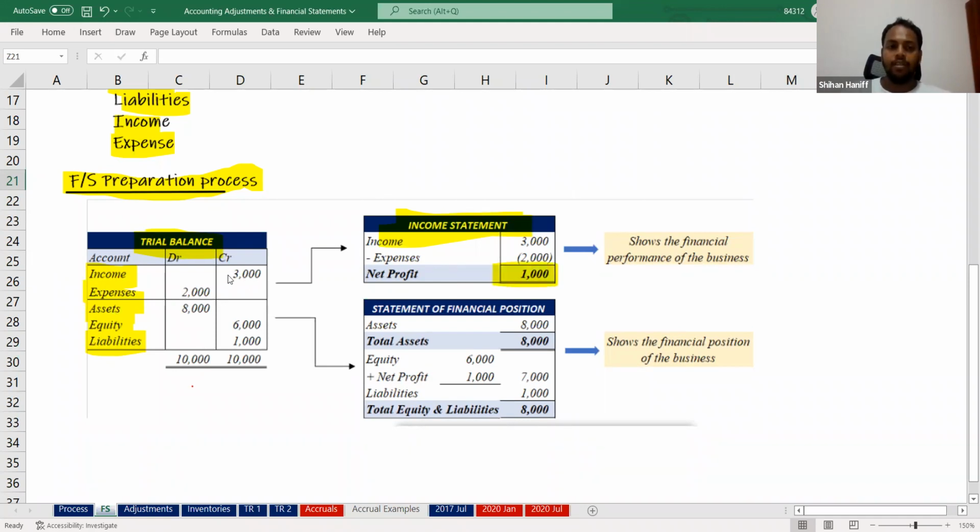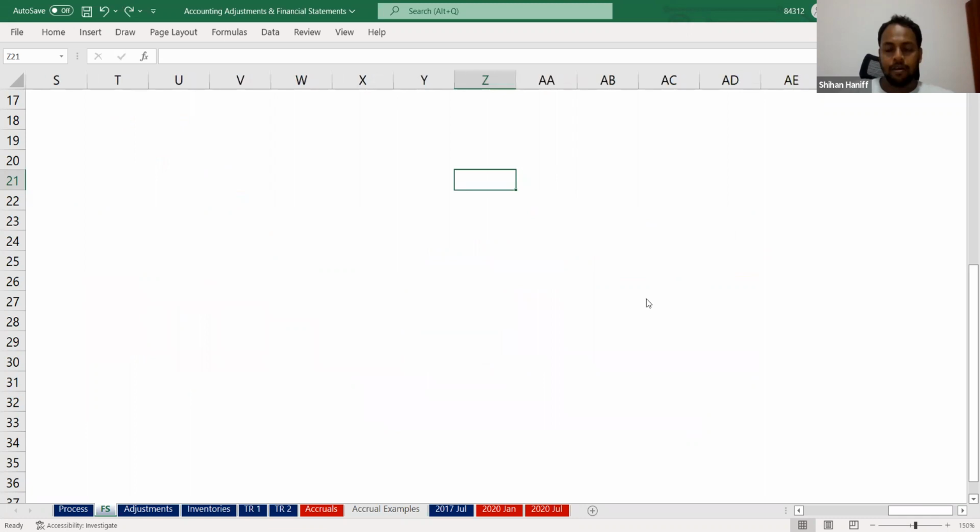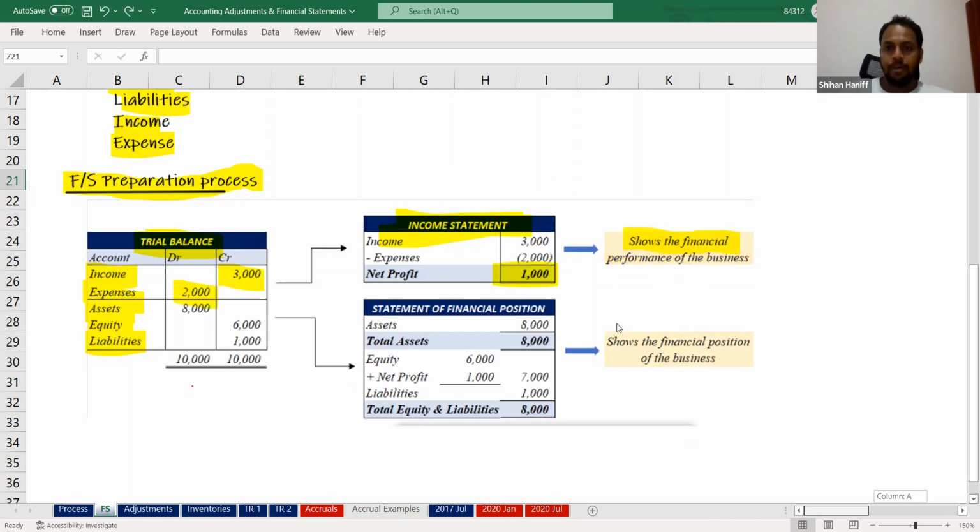Here the income is 3,000, the expense is 2,000, so there is a net profit of 1,000. So what is an income statement? The income statement shows the financial performance of the business.